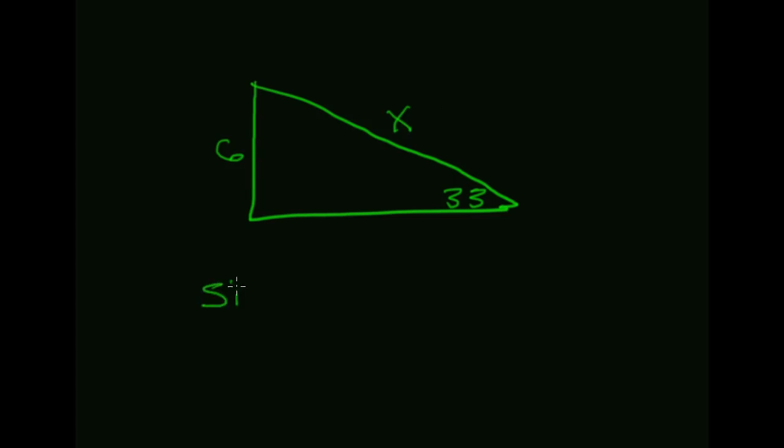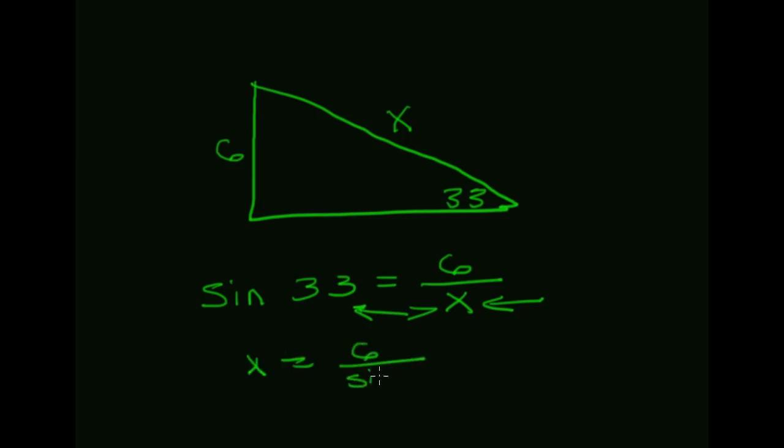So I'm going to set that up. The sine of 33 is the opposite 6 over the hypotenuse x. Now, look that the x is in the bottom. Last time that was there, what we do is we take these two things and we trade their places. So we get x is equal to 6 over the sine of 33.